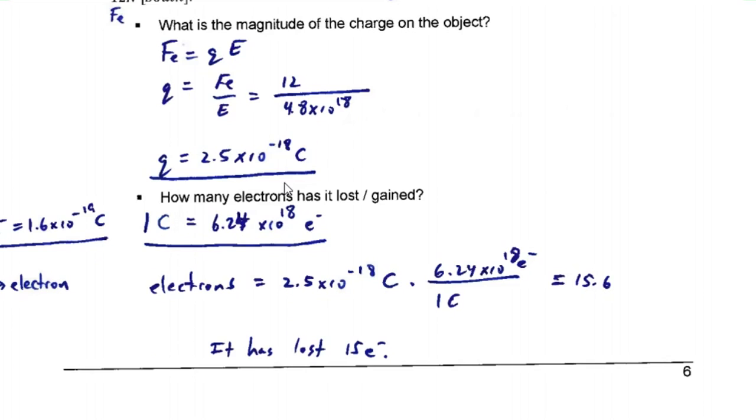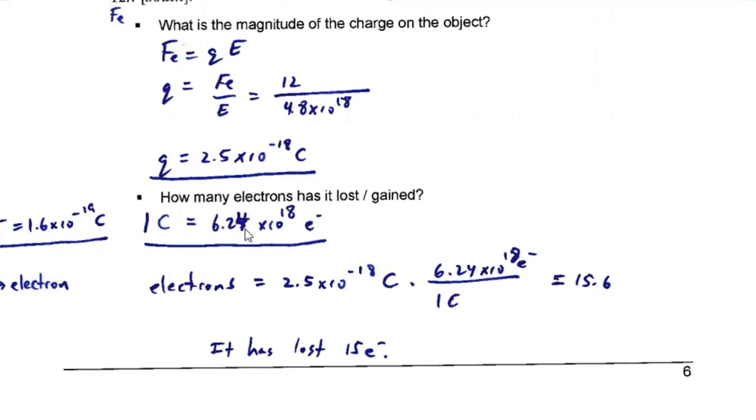A couple of things to note on your formula sheet: you will have exactly what one charge is, like 1 electron in coulombs, I believe. It's 1.6 times 10 to the negative 19 coulombs. Something on your formula sheet that I would like you to change, though, is that 1 coulomb is actually 6.24 times 10 to the 18 electrons, if rounded to the nearest hundredth.